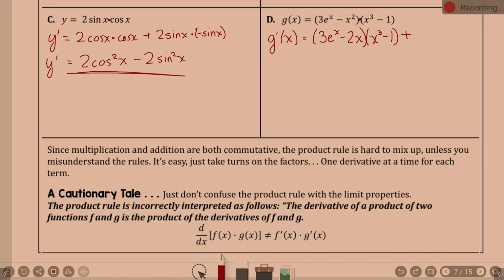Product rule says it's plus. Now I'm going to keep the 3e to the x minus x squared and the derivative of x cubed minus 1 is 3x squared.